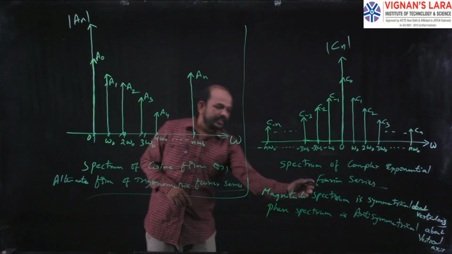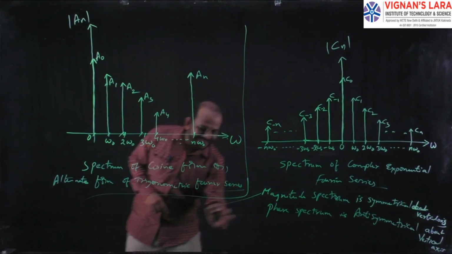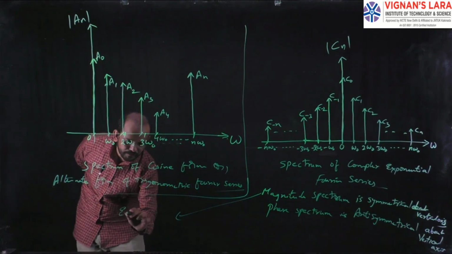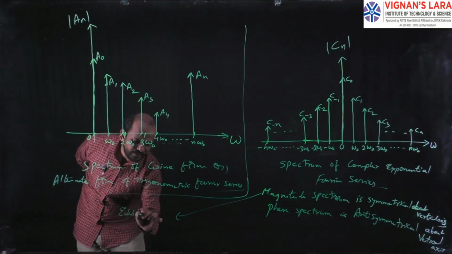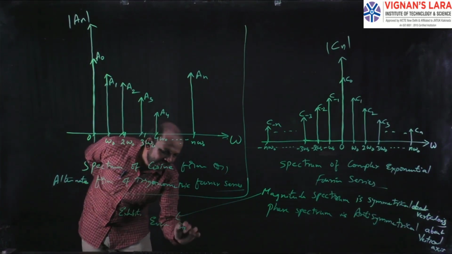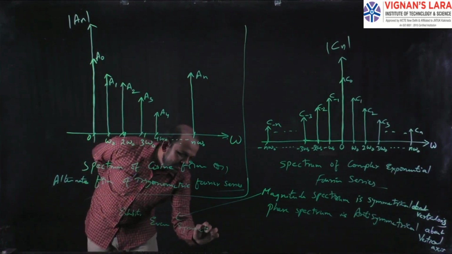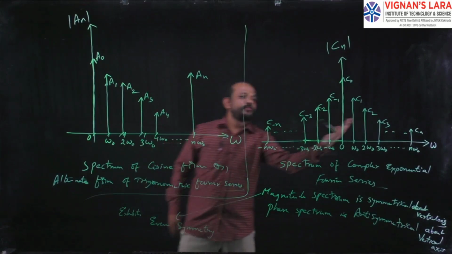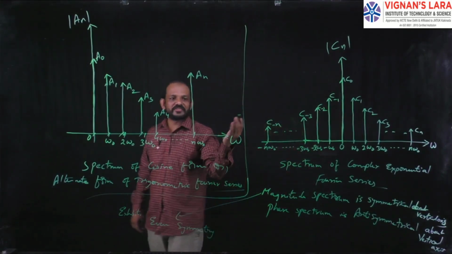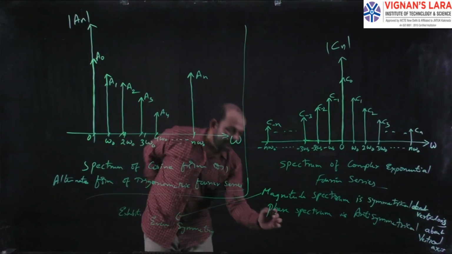Simply, this magnitude spectrum exhibits even symmetry, because if you fold this along the vertical axis, I will get the same thing, that is x of t equal to x of minus t, even symmetry.